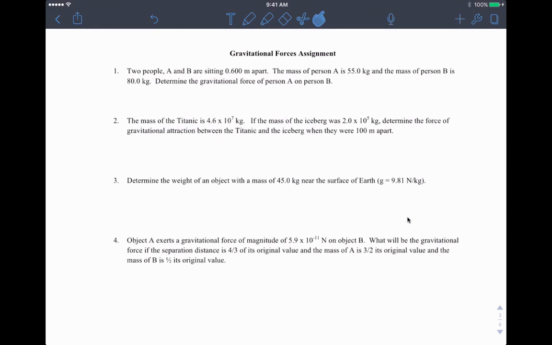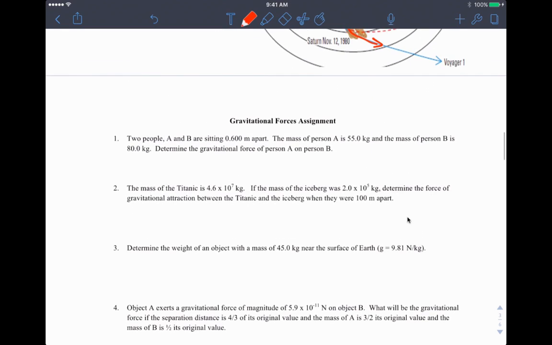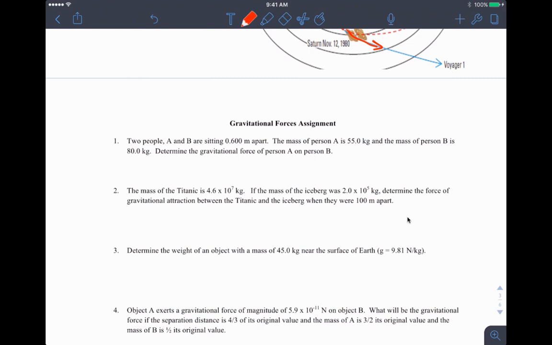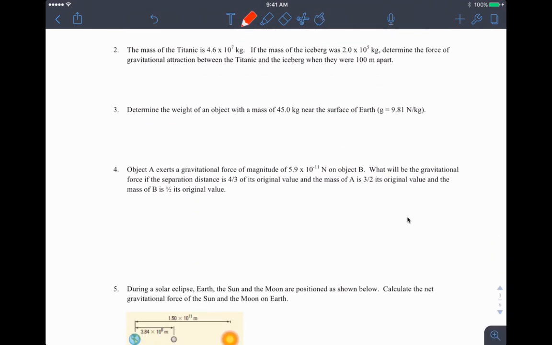So I'm going to let you work on these questions on the gravitational forces assignment, these first few. Each one of these questions will deal with the gravity formula, the force of gravity formula that I just showed you. And maybe I will just make note on this one right here. Number 4, it talks about the force of gravity, where object A exerts a gravitational force on object B. So the force of gravity between them is obviously going to equal G m A m B divided by r squared, the distance that separates the two.